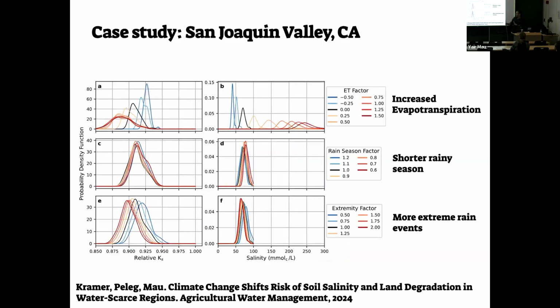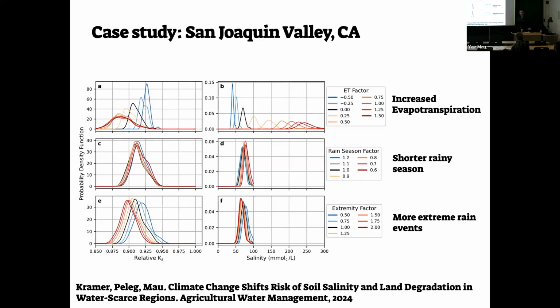So we ran the model in many ways. We have a weather generator, and this would be my colleague Nadav Peleg's baby, this model that can generate weather conditions as we wish. And so we have the ability to explore what will happen when we have increased evapotranspiration.